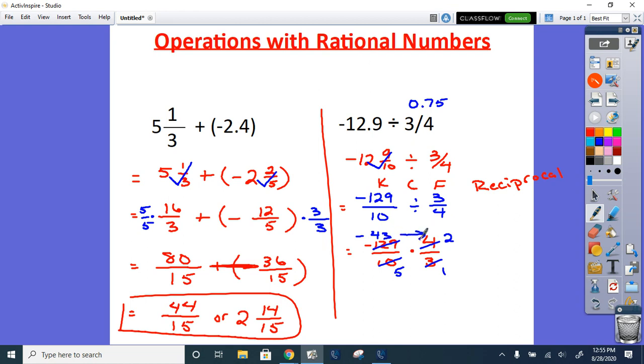And now I can just multiply straight across. Negative 43 times 2 becomes negative 86 over 5 times 1 is 5. You could leave it like that, or if you wanted to, 5 goes into 86 17 times, so that becomes a negative, and then I have that 1 left over, so negative 17 and a fifth.